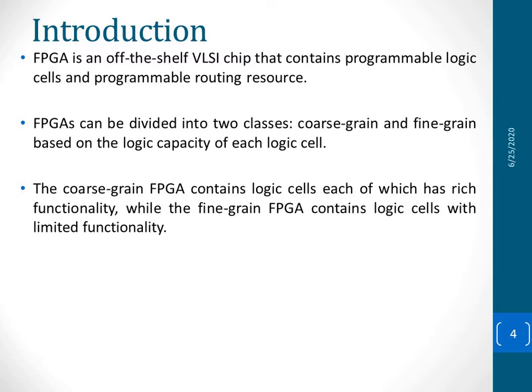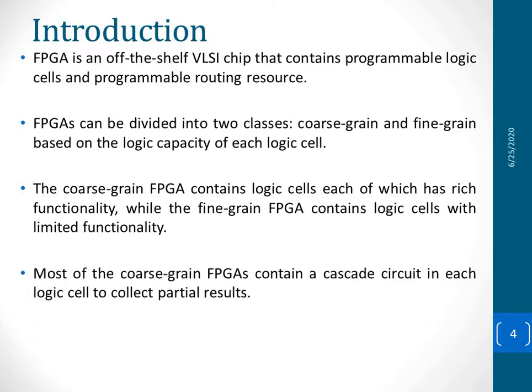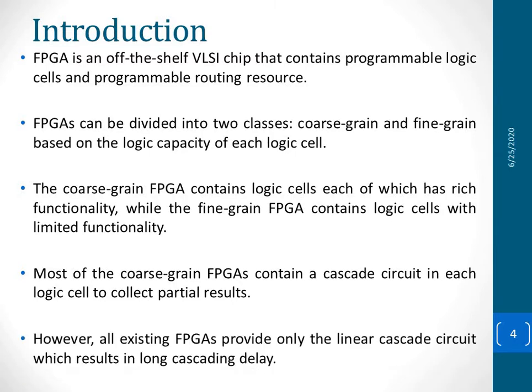The coarse grain FPGA contains logic cells, each of which has rich functionality, while the fine grain FPGA contains logic cells with limited functionality. Most of the coarse grain FPGAs contain a cascade circuit in each logic cell to collect partial results. However, all existing FPGAs provide only the linear cascade circuit, which results in long cascading delay.